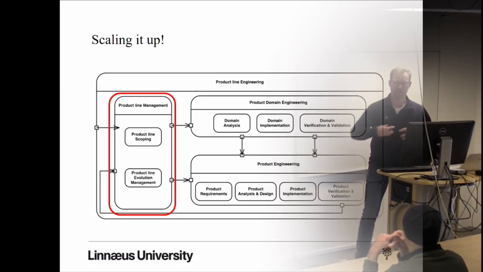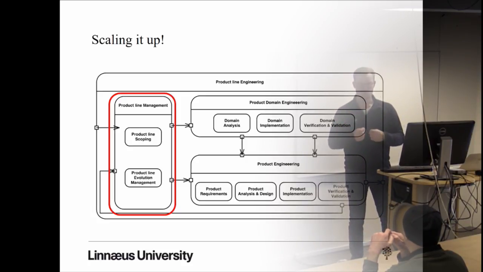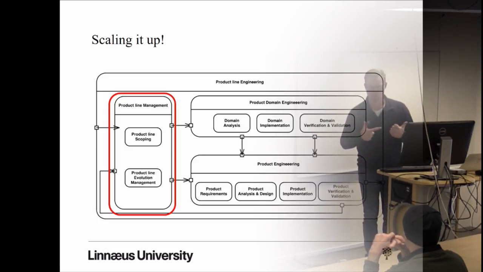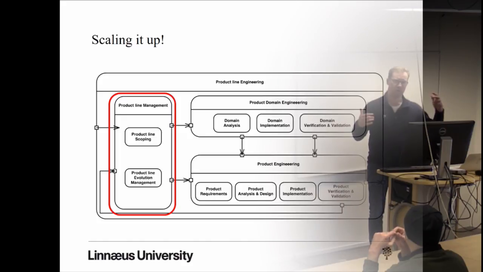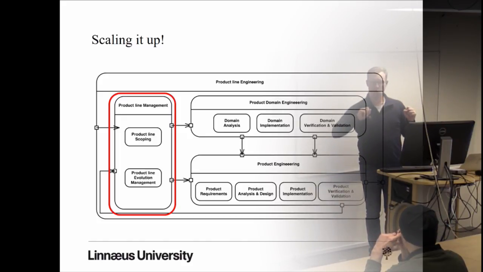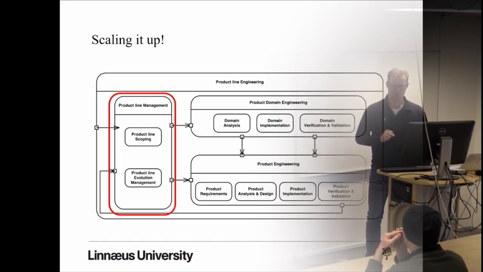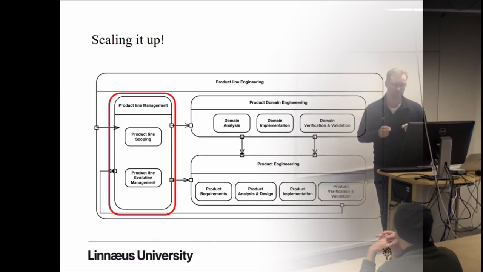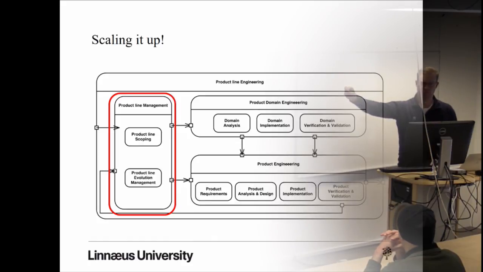Evolving the scope means meet new requirements. Consider, should we include this or shouldn't we? Say that you have one customer who wants a new feature, or you have 10 customers that want a new feature. Probably more value if you decide strategically to support that than this single customer.